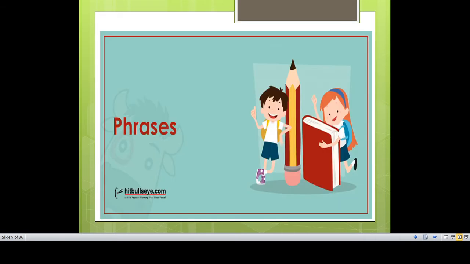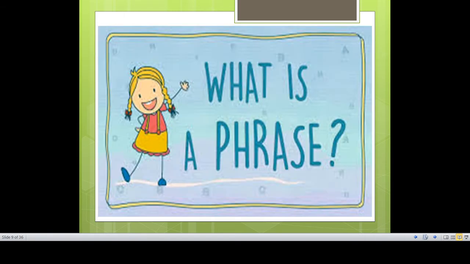Now, we move on to what we call a phrase. You need to know what words are, and words are joined and ordered in different manners so as to form sentences. Now we need to know what phrases are. What is a phrase? We have different sequences of words.